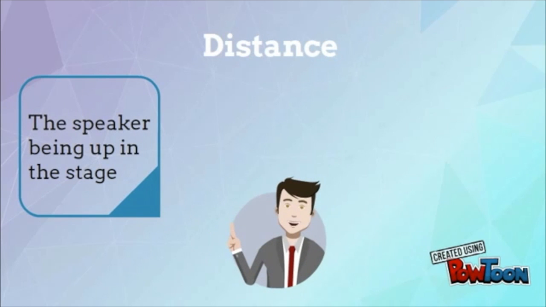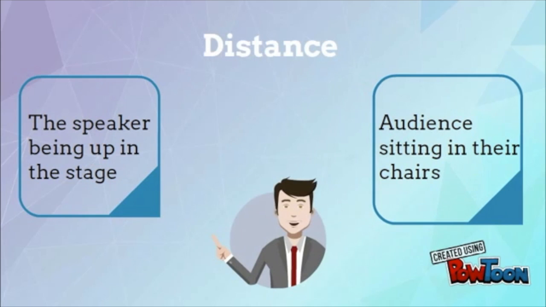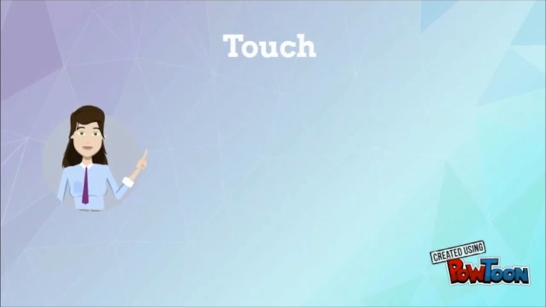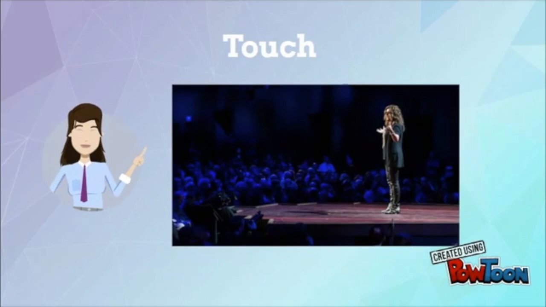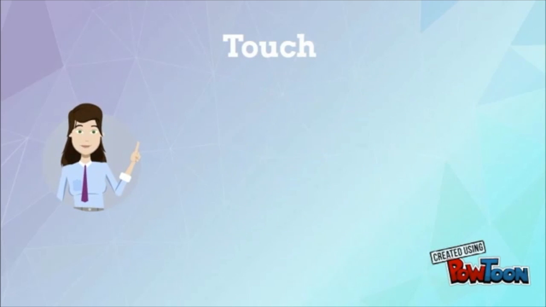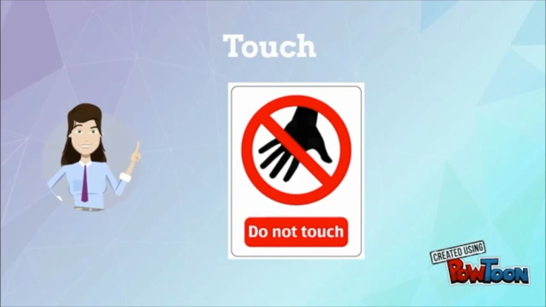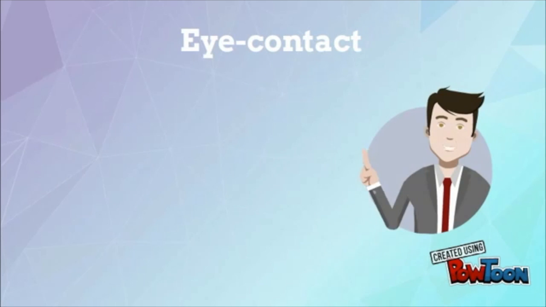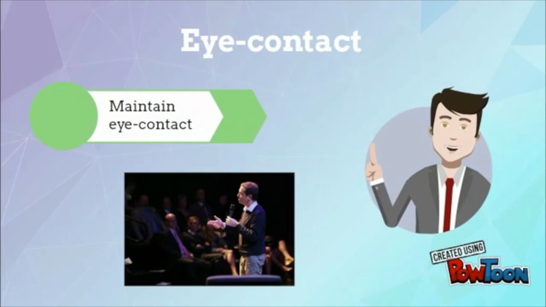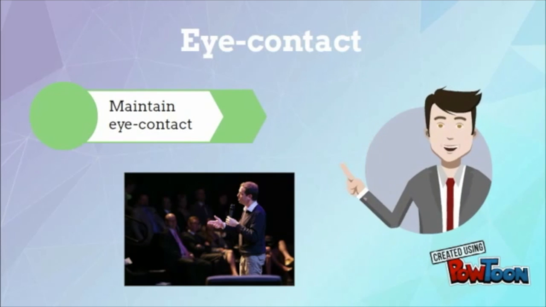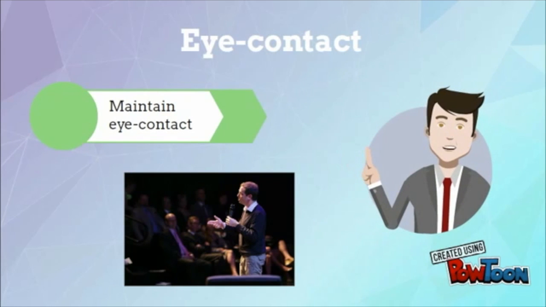It is established by the speaker being up on the stage and the audience sitting in their chairs. Touching. Since there's a distance, both physical and in terms of the relationship between the presenter and the audience, there is no touch such as the one that exists between friends. Eye contact. Maintain eye contact with the audience so that they can feel that you are talking to them.